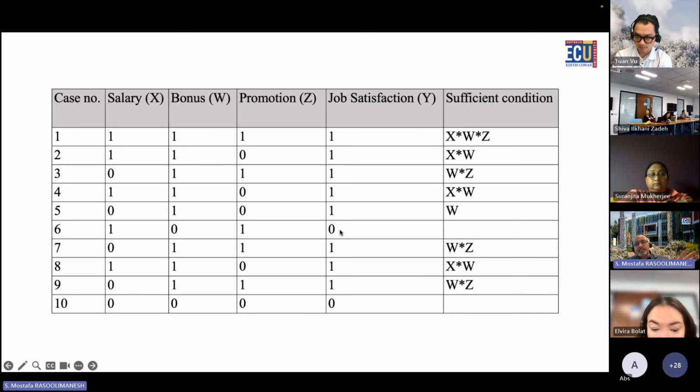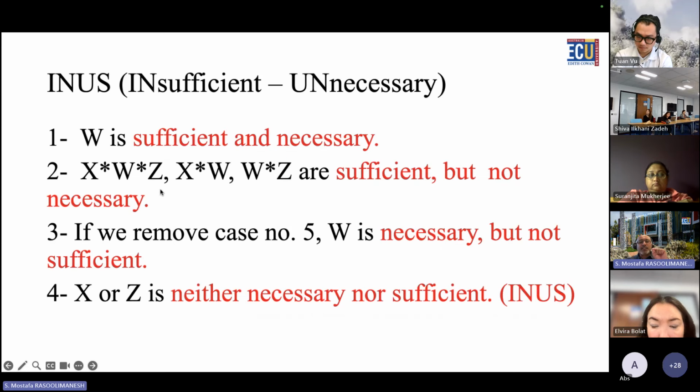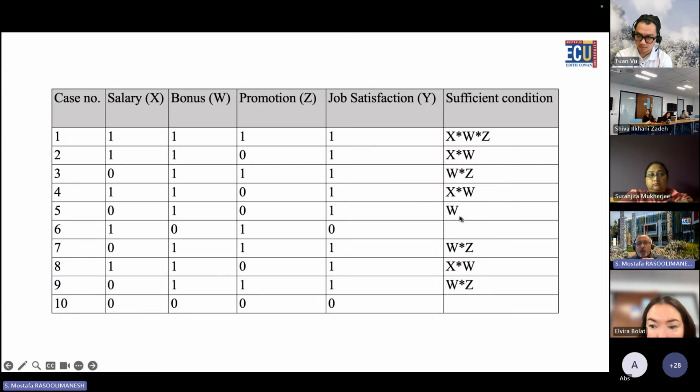Case number 6 is not satisfied, and for cases 7, 8, and 9, W is also part of this process. So W is both sufficient and necessary, because W alone can create a high level of job satisfaction, and W is also repeated in all combinations of factors, so it is a sufficient and necessary condition to create the outcome.